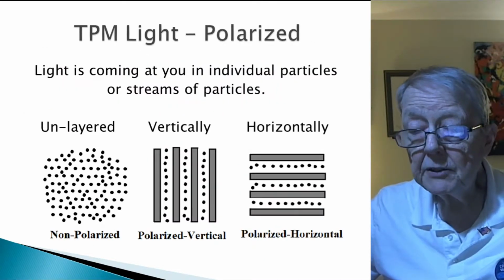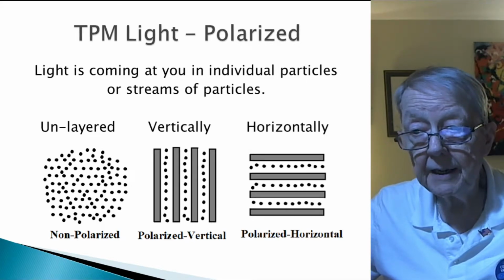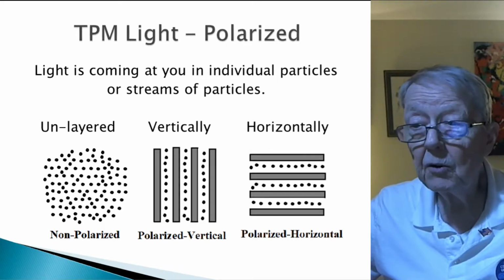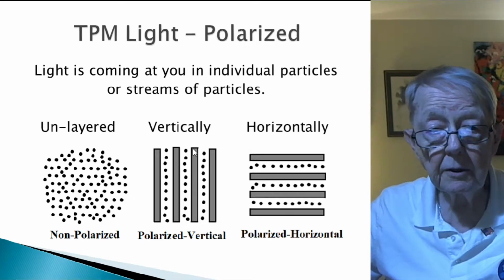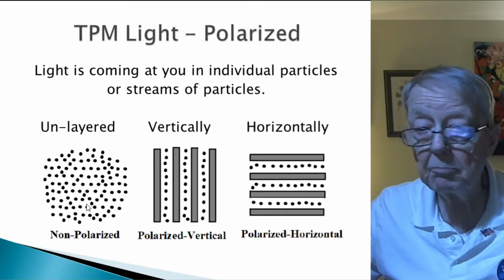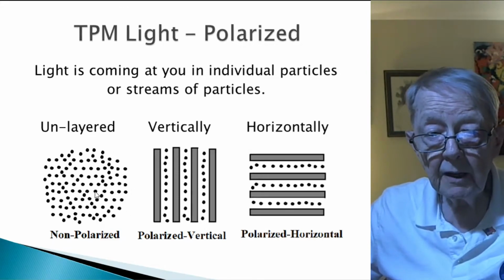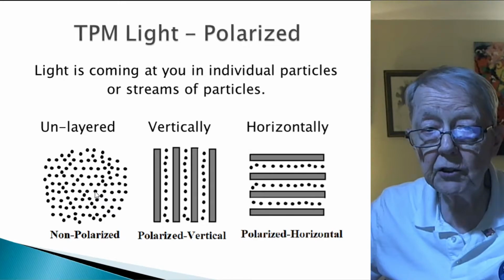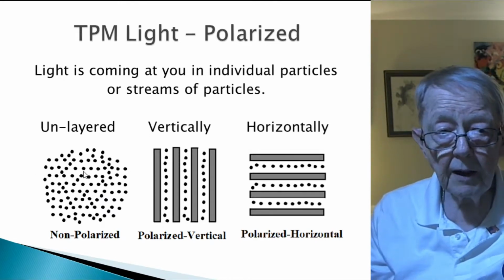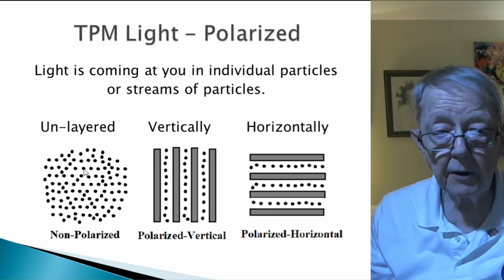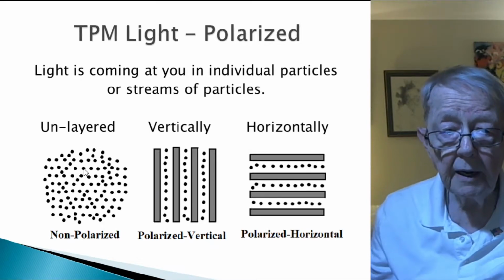Well, the last time I showed that in the particle model, we don't have the same kind of light at all. We don't even have an electromagnetic wave. What we have are streams of particles with a repetitive pattern. And this picture is one of these streams coming out at you vertically, or towards you. And even though that shows one particle, behind it is a whole stream of particles that are coming at you.